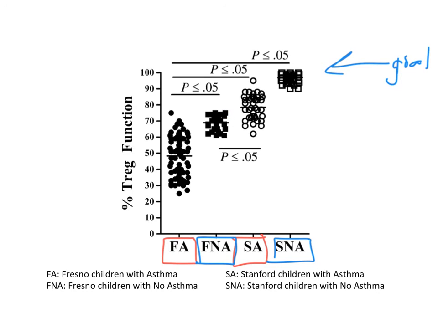And the Fresno kids that have asthma, horrible function of these T regulatory cells. So maybe it's not surprising that a lot of people in Fresno have asthma and related respiratory symptoms if our T regulatory cells aren't able to keep us from having our T helper cells go into overdrive when we're exposed to pollutants.